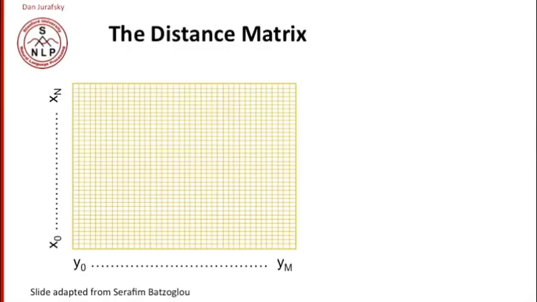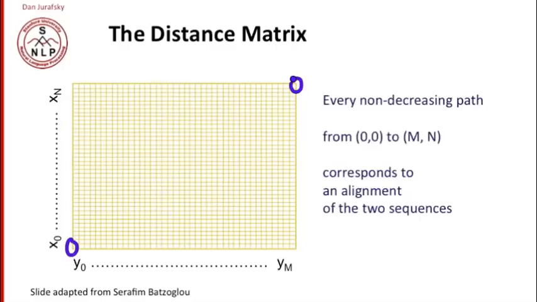So we can look at this distance matrix and think about the paths from the origin to the end of the matrix, and any non-decreasing path that goes from the origin to the point NM corresponds to some alignment of the two sequences.